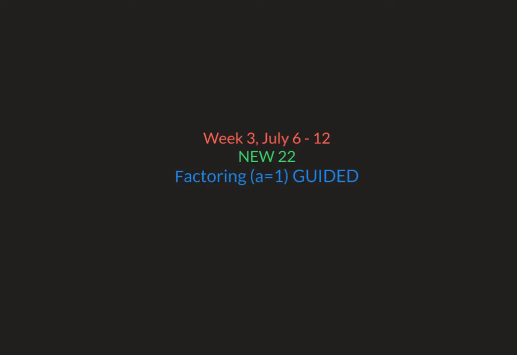So let's get started. Okay, so factoring, like I've said a couple times, is this conglomerate that encompasses a lot of different things. So there is factoring by GCF, which we've already looked at.